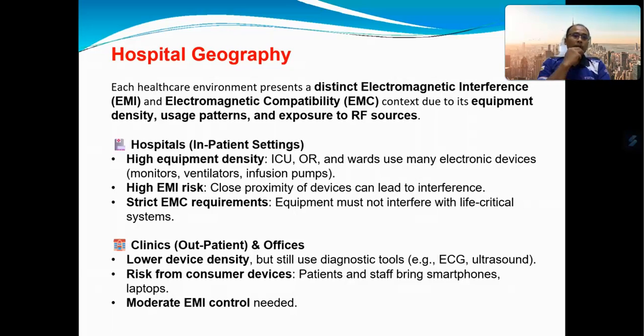Right. Now we look one by one. Let's say we have the hospital geography or hospital environment, which is the inpatient setting. Basically, there is high equipment density, especially in the ICU, intensive care unit, and in the OR, operating rooms, which use many electronic devices such as monitors, ventilators, infusion pumps, and many others.